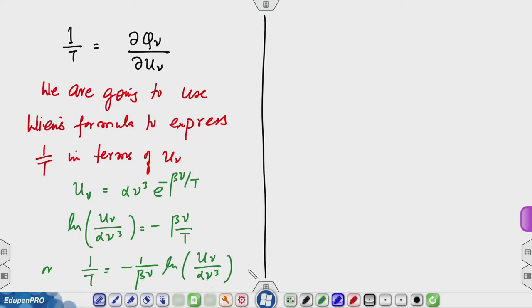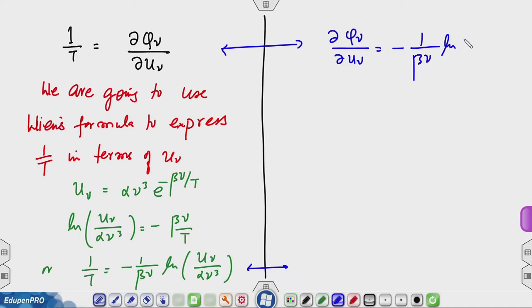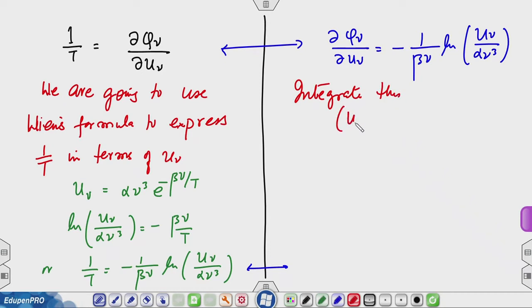Use of this here gives d phi nu d u nu is equal to minus 1 over beta nu log of u nu over alpha nu cubed. Now integrate this using integral log x dx equals x log x minus x.